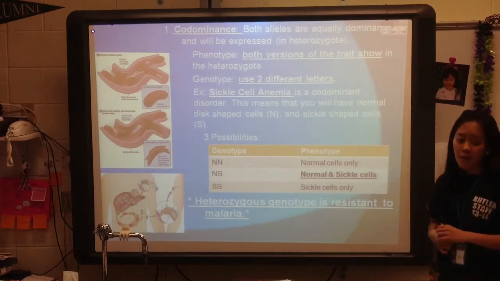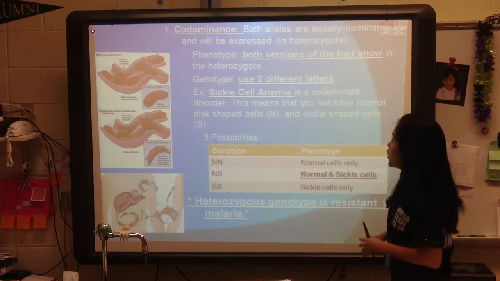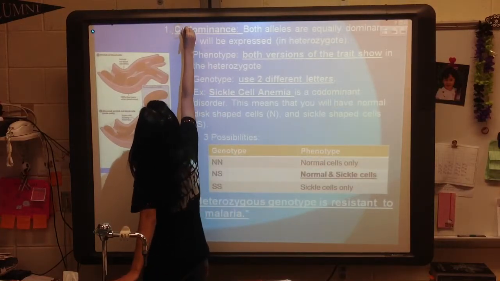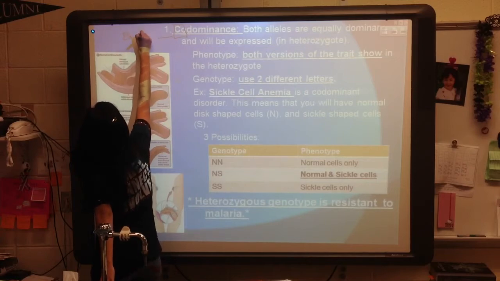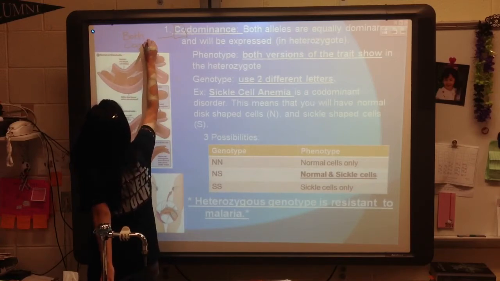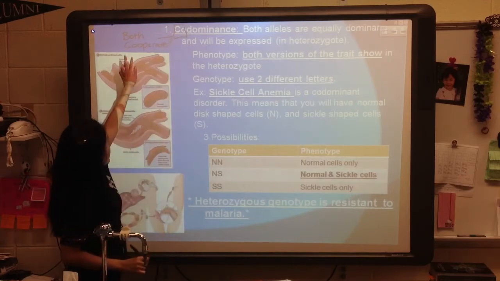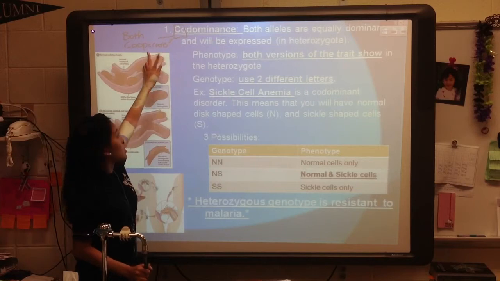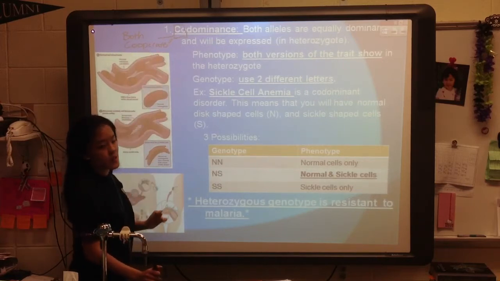The first type of non-Mendelian genetics is called co-dominance. In co-dominance, both of them are cooperating. Both cooperate. If you think about the word cooperate, operate meaning work. So both alleles are actually going to work together at the same time.